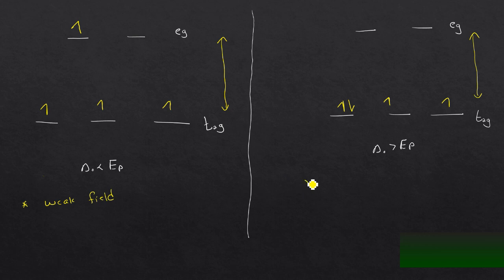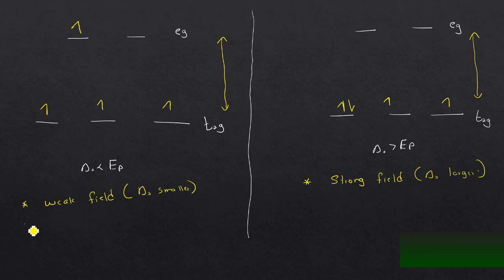And in this case we call it strong field, because here delta O is smaller. In this case delta O is larger, that's why we call this strong field. Delta O is stronger.